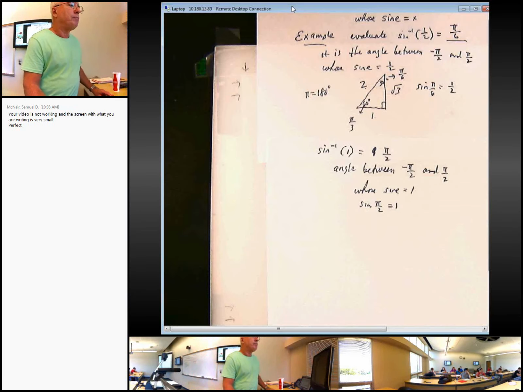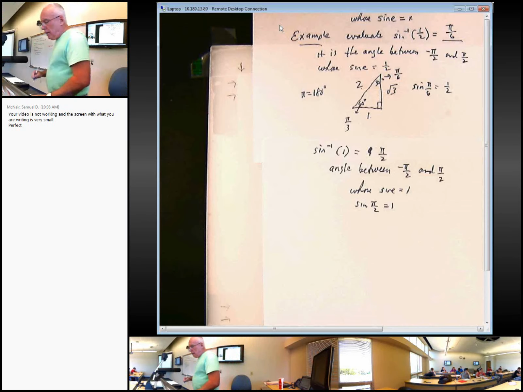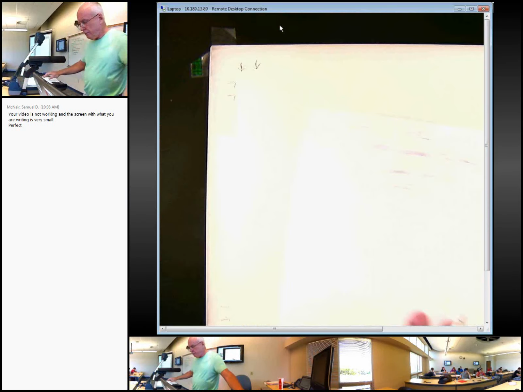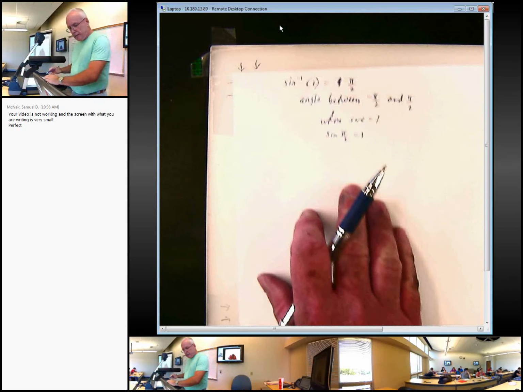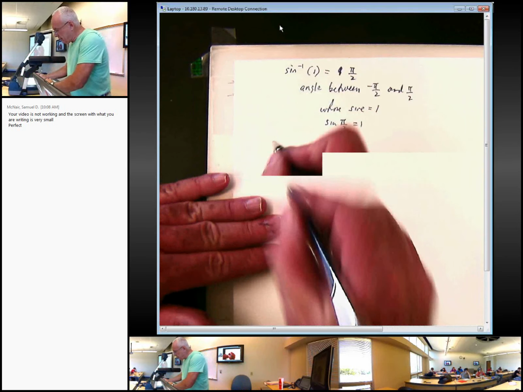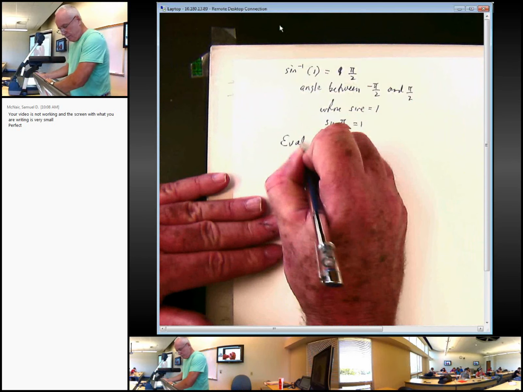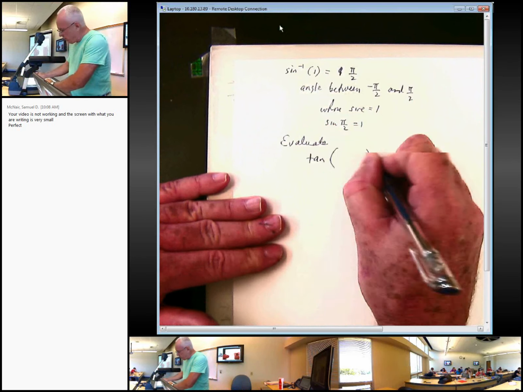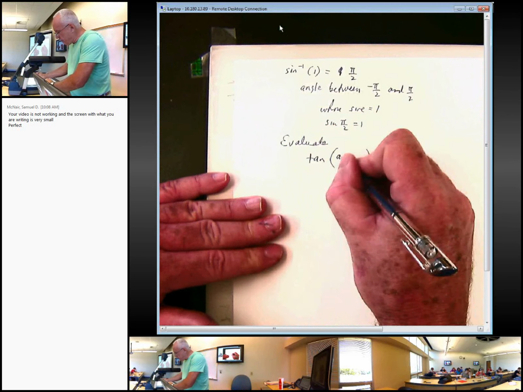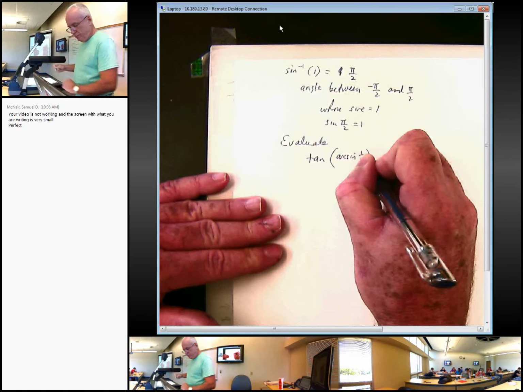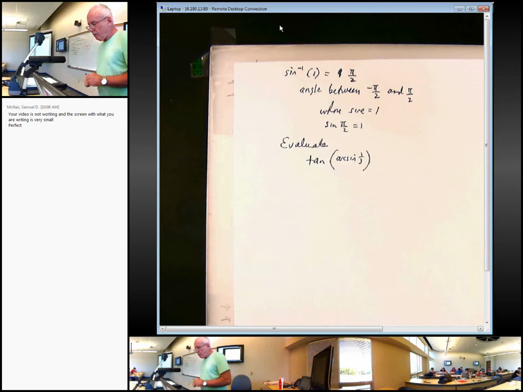All right. I want to do another type of example here. Again, we haven't gotten to any calculus yet. Let's evaluate the tangent of this angle, arc sine of 1/3.